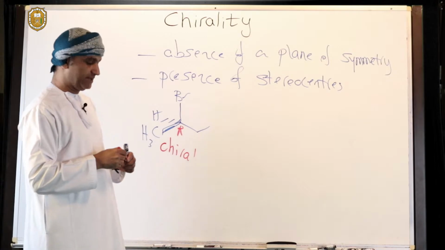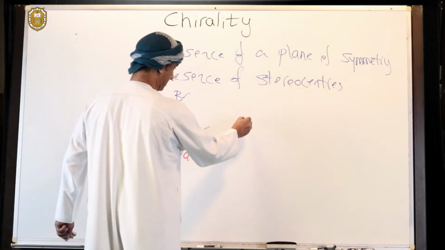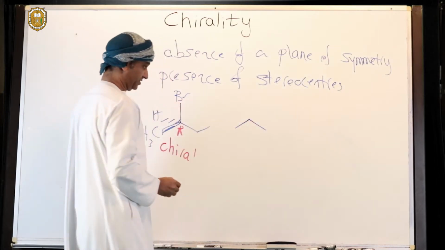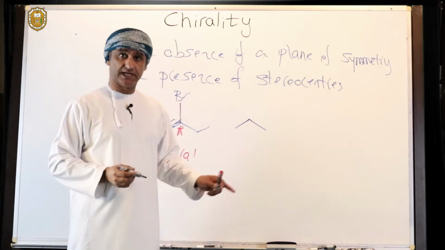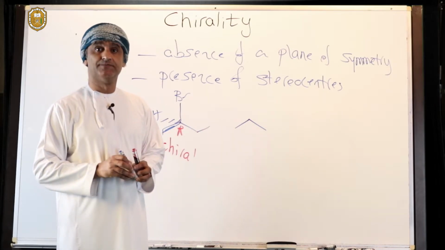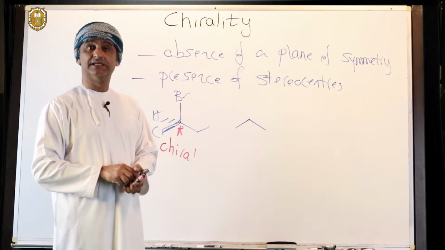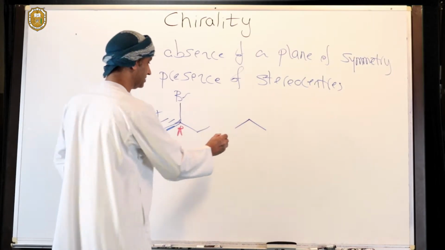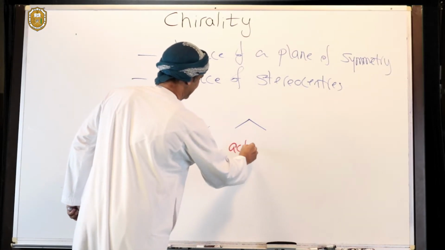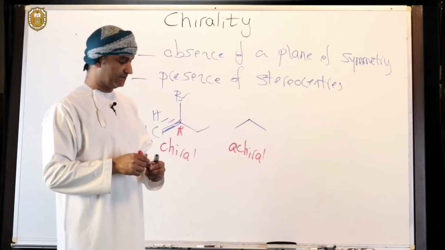That one here, that's again because it is surrounded by four different groups. If you take other examples, such as propane, and if you look at any of these carbons, I'm sure you will find out that none of them is actually a stereocenter or a chiral center. Therefore, propane itself is achiral or not chiral, because there are no stereocenters, no chiral centers, okay?